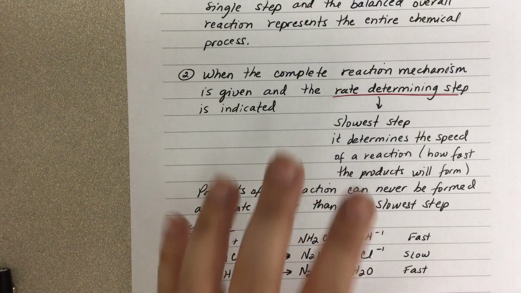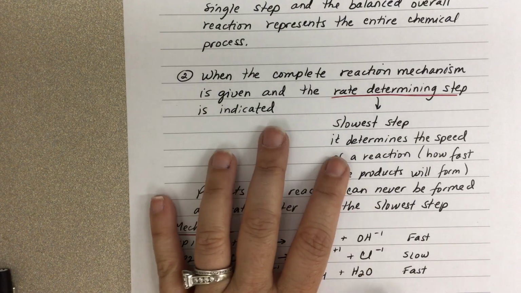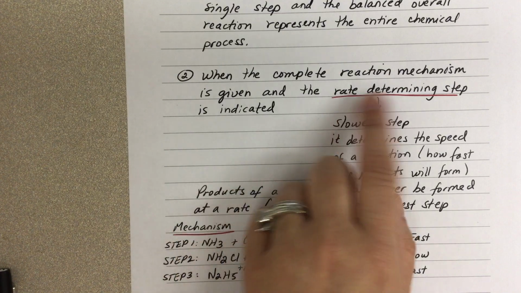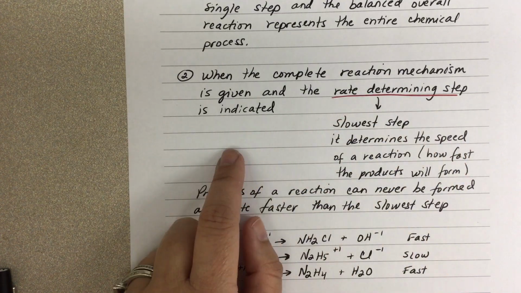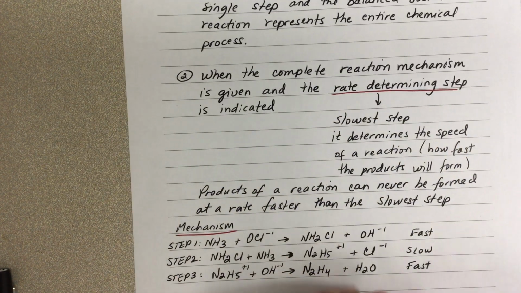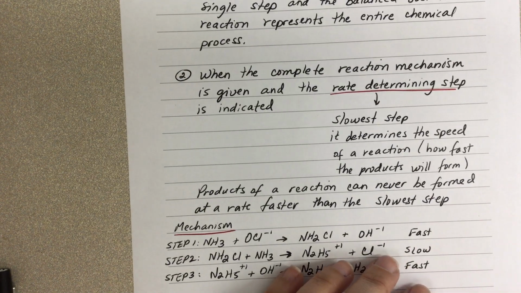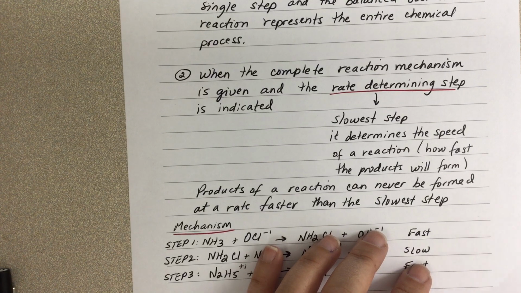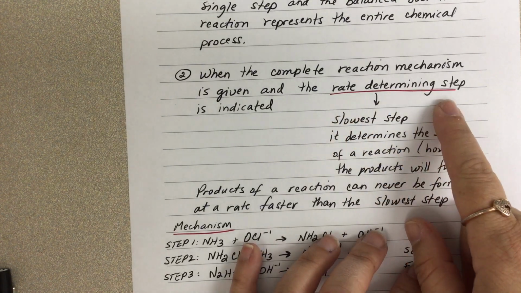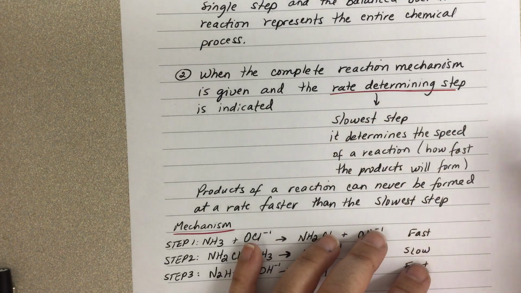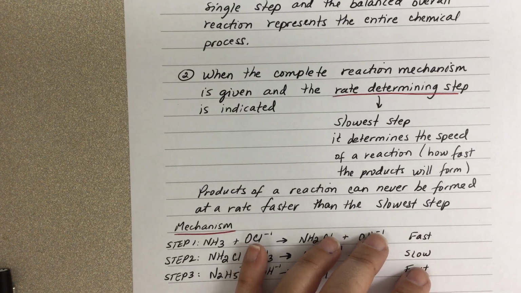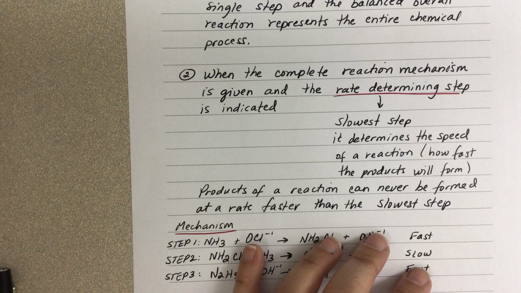Same thing can be done when you have a mechanism where the rate determining step is identified. If you have several steps in a mechanism and they are labeled, and one of them is labeled as the rate determining step or the slow step, that one is the one that you can use to approximate the order of your reactant.